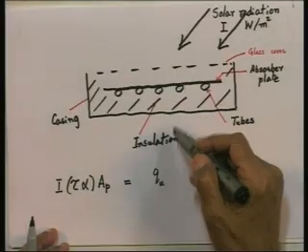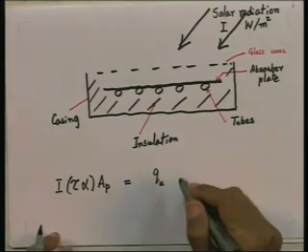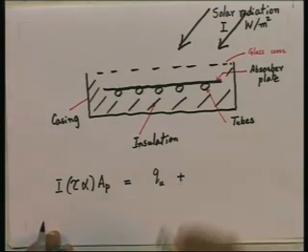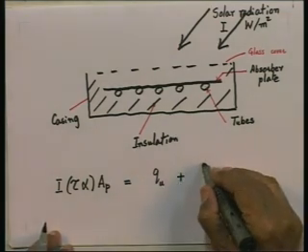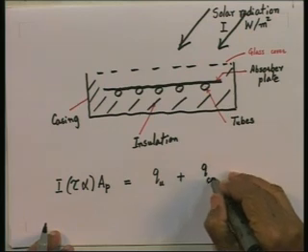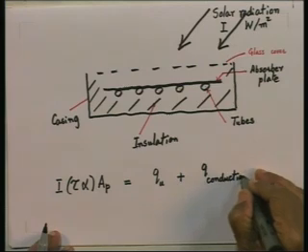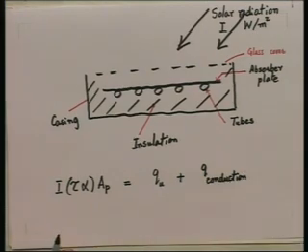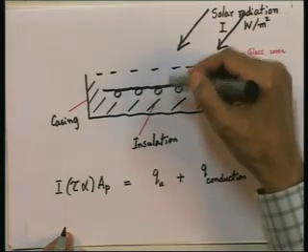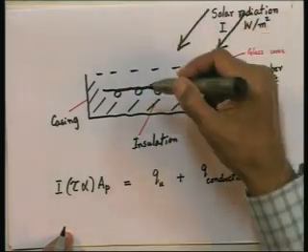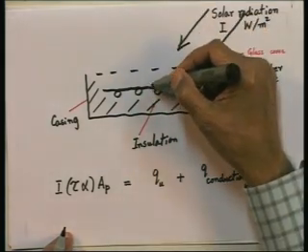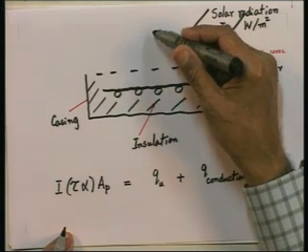We lose some energy by conduction from the bottom in spite of having insulation. So, we will say plus heat lost from the bottom and the sides by conduction, and we also lose some heat back from the top because there is a glass cover. So, we lose some heat back from the top by convection and re-radiation.